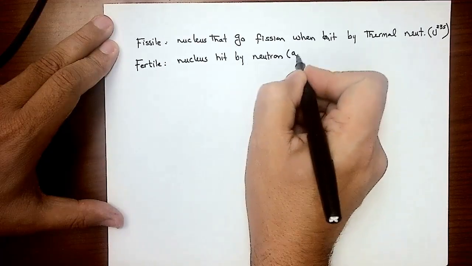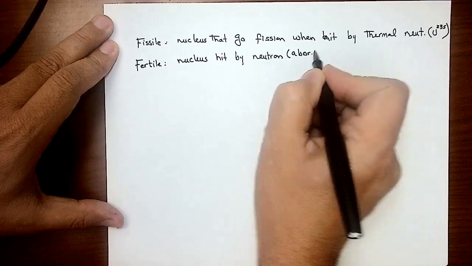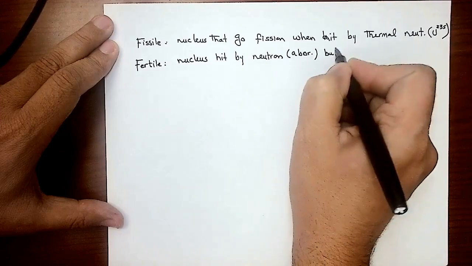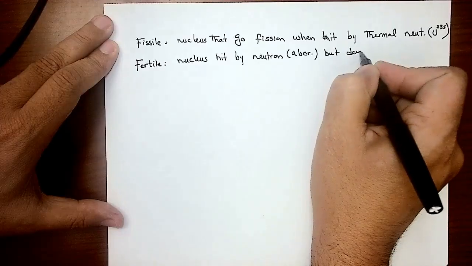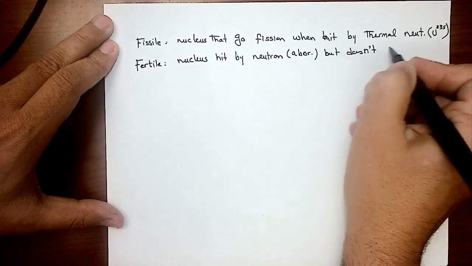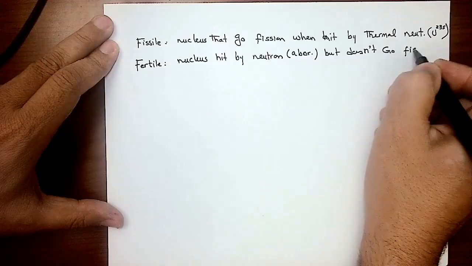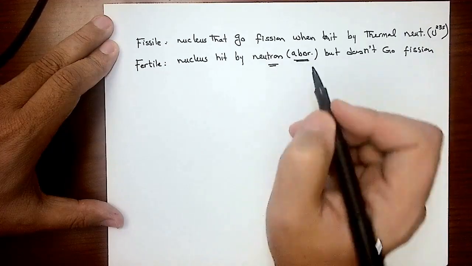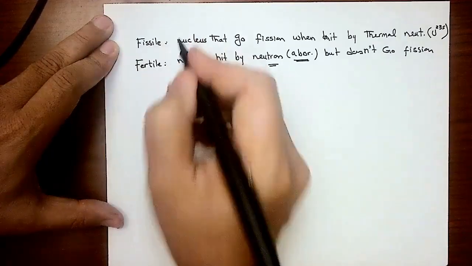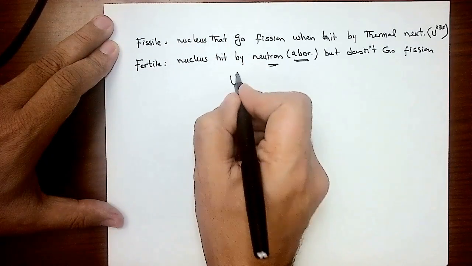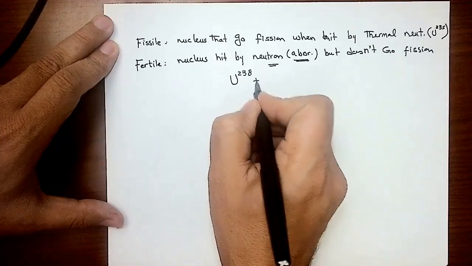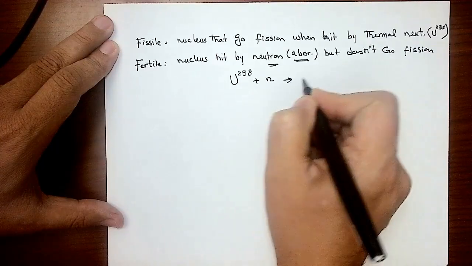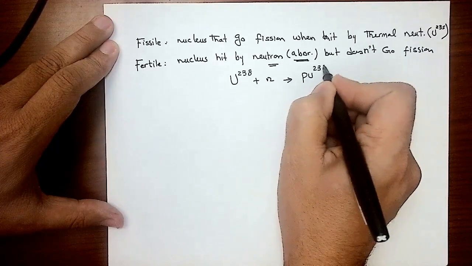In other words, it's absorbed, but does not go into fission. But what happens when it absorbs that neutron is that it gets converted into fissile material. For example, uranium-238, when you add a neutron to it, becomes plutonium-239.